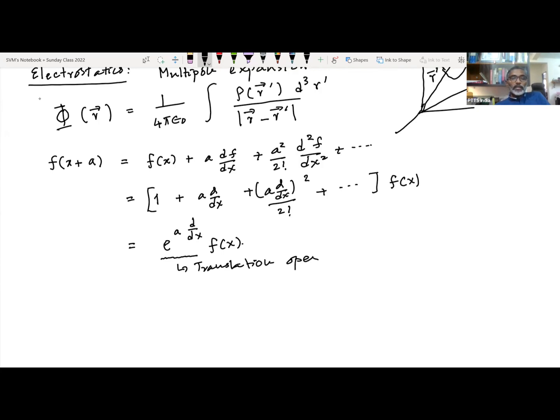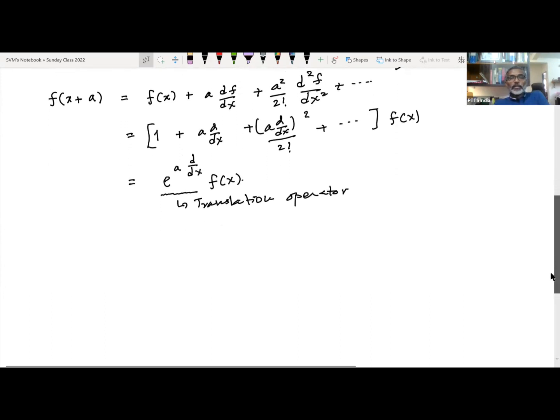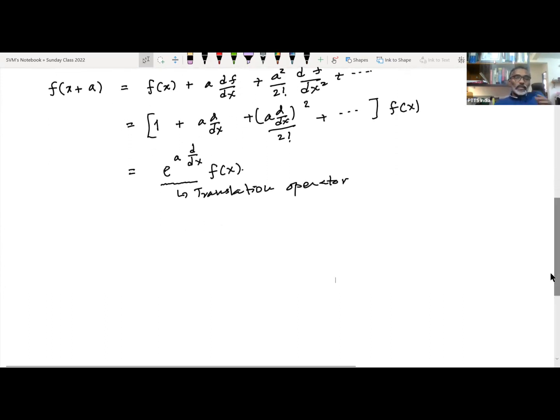Since d by dx is related to momentum, in quantum mechanics, translation operator is written in terms of the linear momentum operator. Or in other words, generator of translation is linear momentum operator. Okay, but that's not our business here, so let's not go into quantum mechanics.